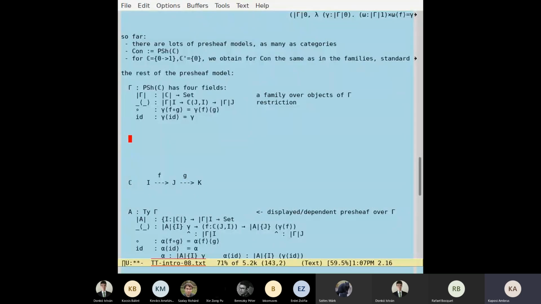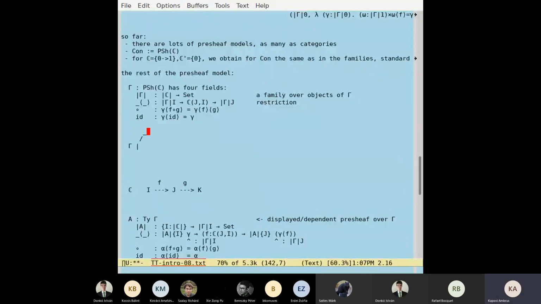And then if I look at gamma, then gamma will give me a set for each object. So here I have, okay, let me try to draw a set. So this will be the set for I, okay?